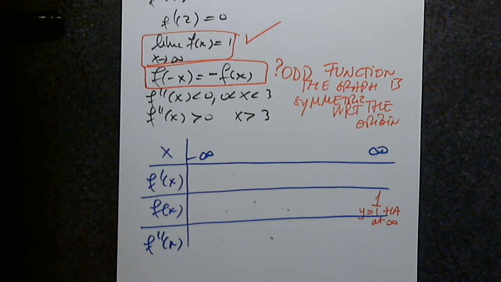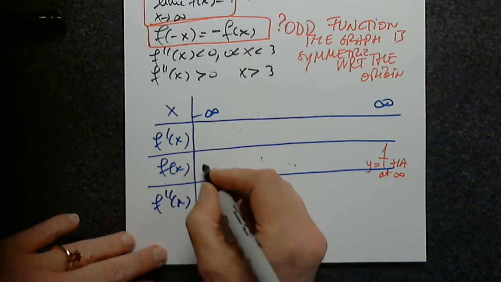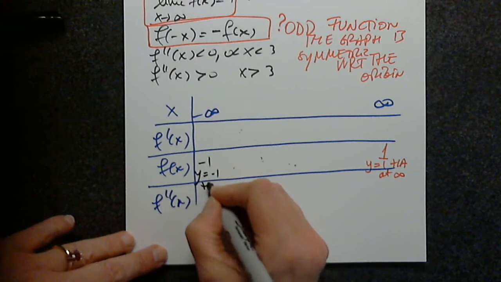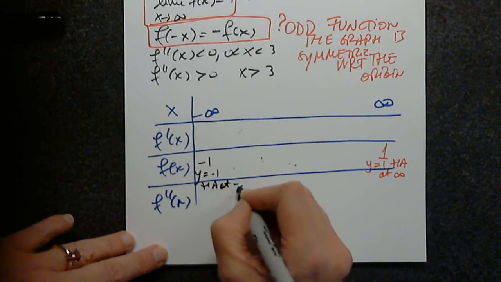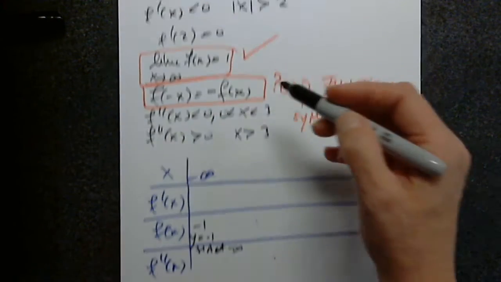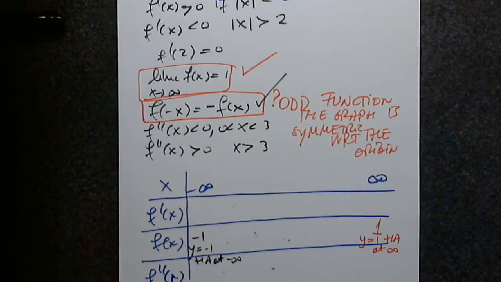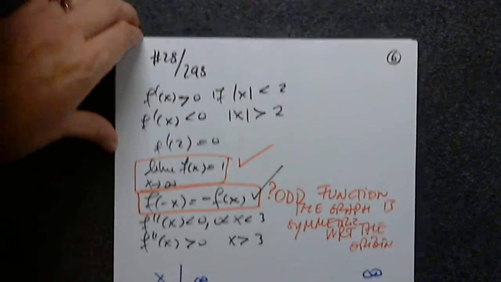So there is a y equals 1 here. Across the origin, it's going to be y equals -1. Very good. Y equals -1 is the horizontal asymptote at -infinity. For this reason. Very good.